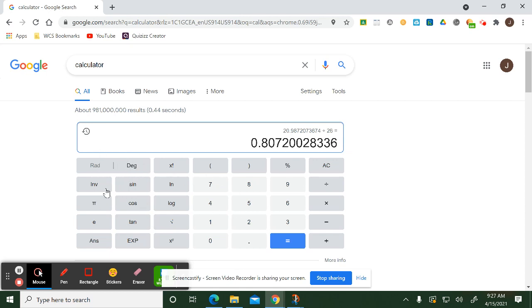I'm trying to find inverse sine, so I hit inverse, and then the sine button, the sine with a little -1. And here's the quick way to do this on the Google calculator, and there are ways to do this on other calculators too. If you look closely, the answer I got, the 0.807, is saved up here. It says answer equals, so it saves your previous answer. To put that back into the problem, you hit the answer button.